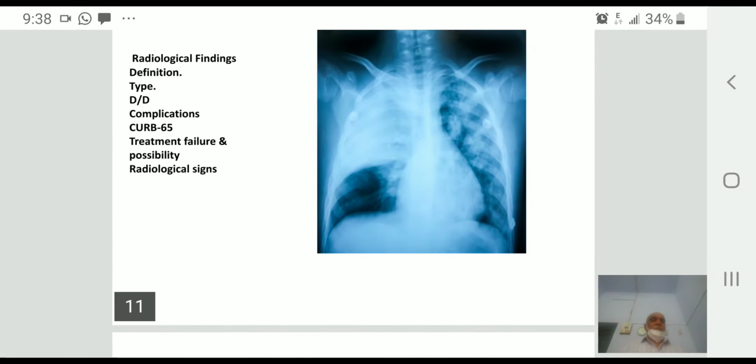Look at the X-ray chest. There is a radiodense, white opacity on the right side in the upper and mid zone, well marginated at the lower border, merged with the chest wall and with the mediastinum.